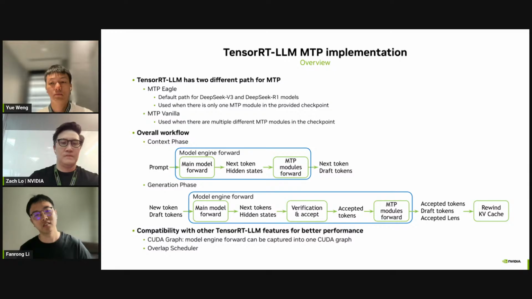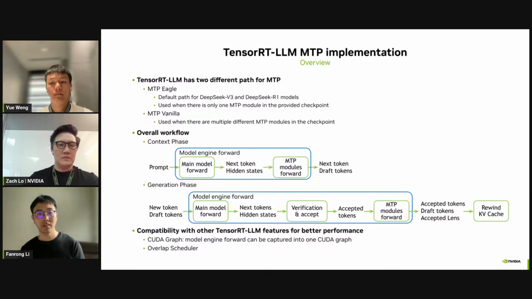In this verification step, we compare the predicted new tokens with the input draft tokens to see which tokens can be accepted. After that, we get the accepted tokens, and we input those tokens to the MTP model forward to predict the draft tokens for the next iteration.